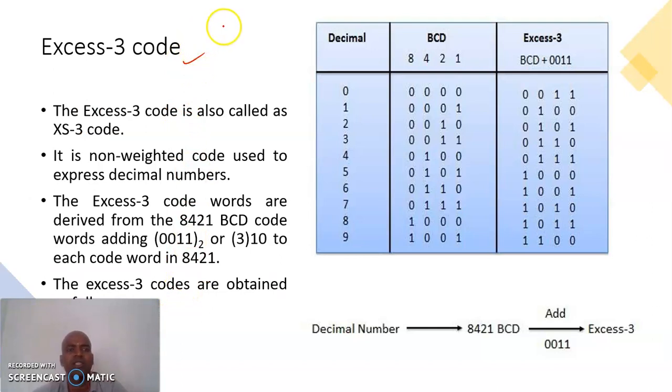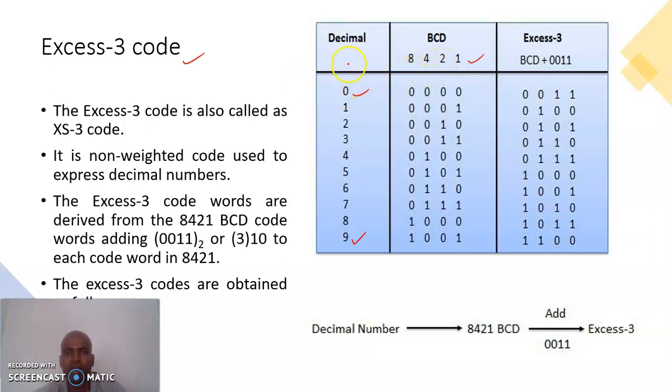To calculate the XS3 code, we add the number 3 to each and every digit of the given decimal number. Have a look at this. This is the decimal number, 0 to 9, represented in the normal 8421 format.